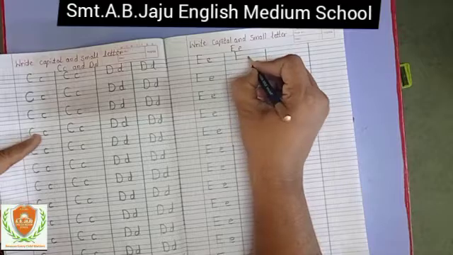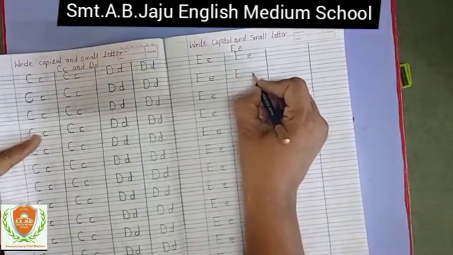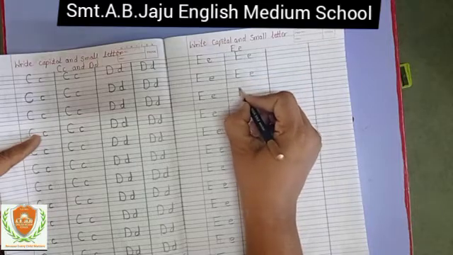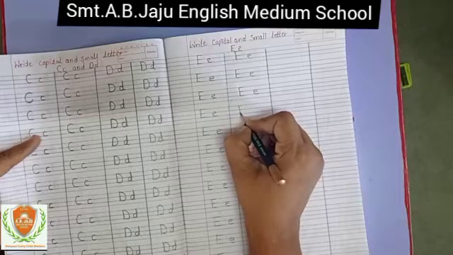E a elephant, E a engine, E a eagle, E a what comes? Egg.